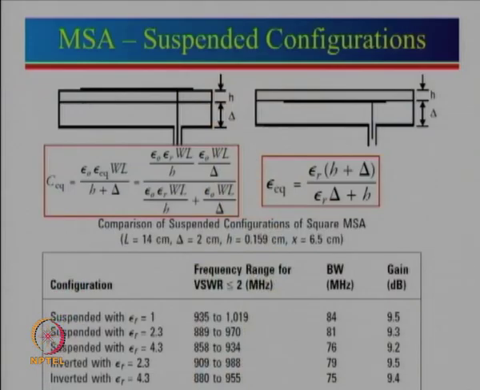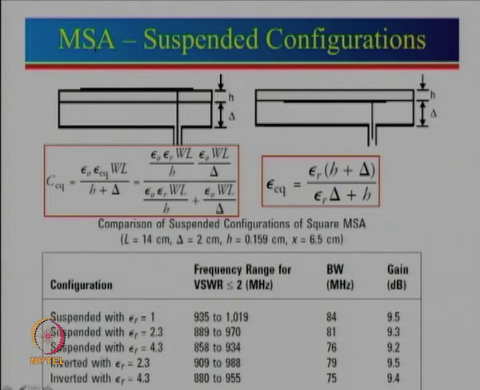Over here then we have a substrate, and a patch is printed on the other side and a probe is fed. In this case, the patch is printed underneath the substrate and then the probe is connected to this one here.